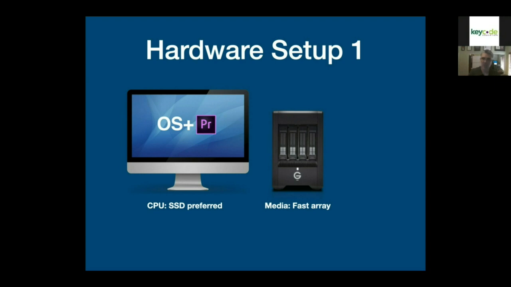Plug that into your main computer and set up a script with whatever program you want, or do it manually. Back up that drive every hour, every night for sure, but every hour as you're working, maybe even every half hour.